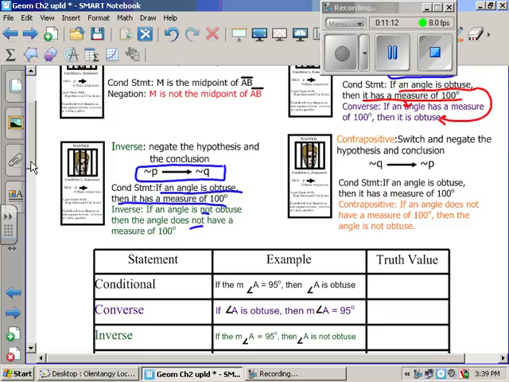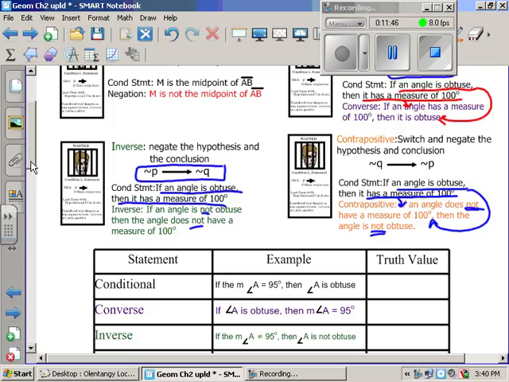So if my original statement is, if an angle is obtuse, then it has a measure of 100 degrees, my contrapositive would be, if an angle does not have a measure of 100, so again, I switched the hypothesis and the conclusion, then the angle is not obtuse, and I made them both negative. So I took the hypothesis and made it the conclusion and made it negative, and then I took the conclusion and made it the hypothesis and made it negative.